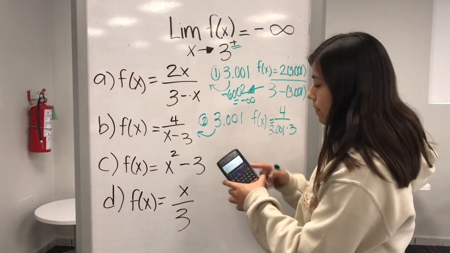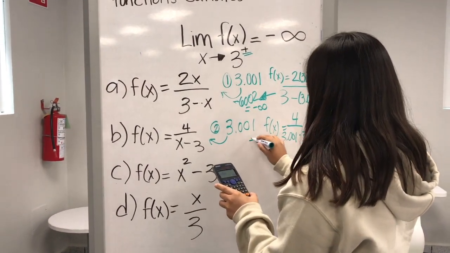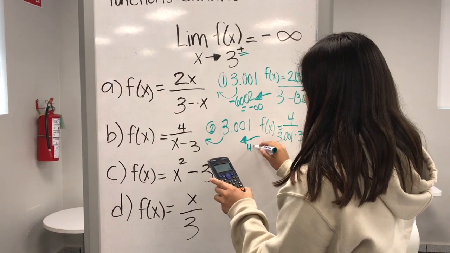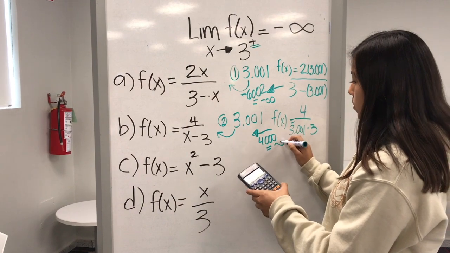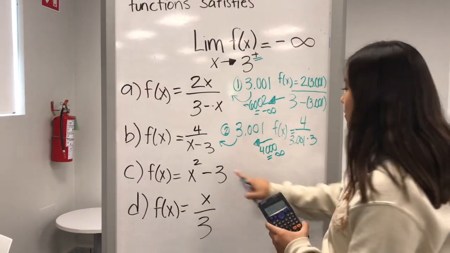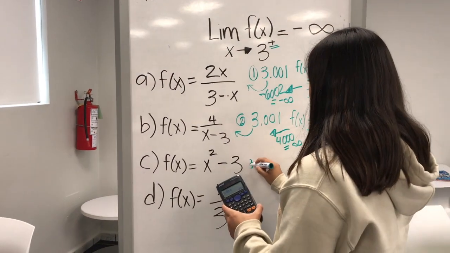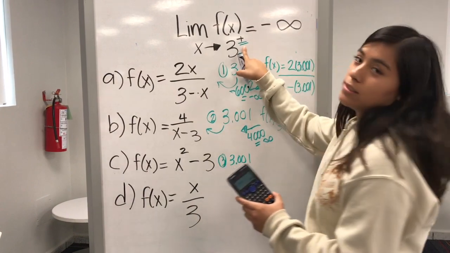So we calculate 4 over 3.001 minus 3. The answer is 4,000, which is a positive number. 4,000 is a big number, so it's the same as saying positive infinity. We know that the function we are looking for is equal to negative infinity, so letter B is not our option.